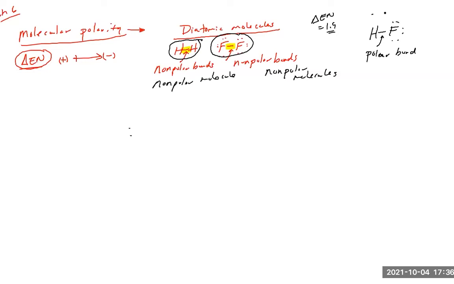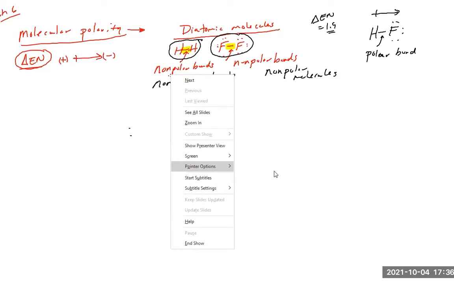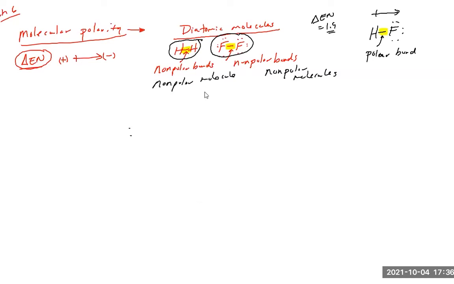We could draw that arrow pointing towards the more negative side, which is fluorine. For the same reasoning, because this is a diatomic molecule and that one polar bond is the only bond in the entire molecule, we can make a simple guess that this molecule is going to be a polar molecule.